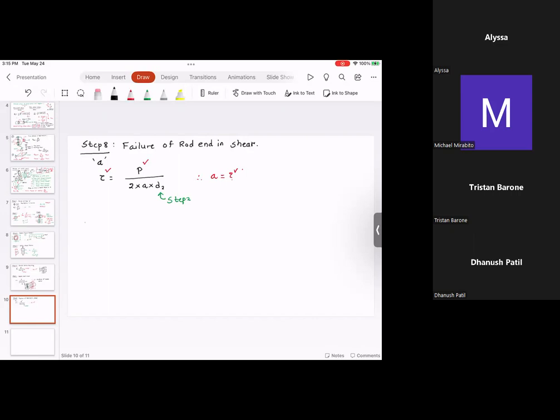And this value of A is again because of the shear failure. Next step, which is step 9, is spigot collar in crushing. And spigot collar in crushing is nothing but this cross-section area, which is D3.